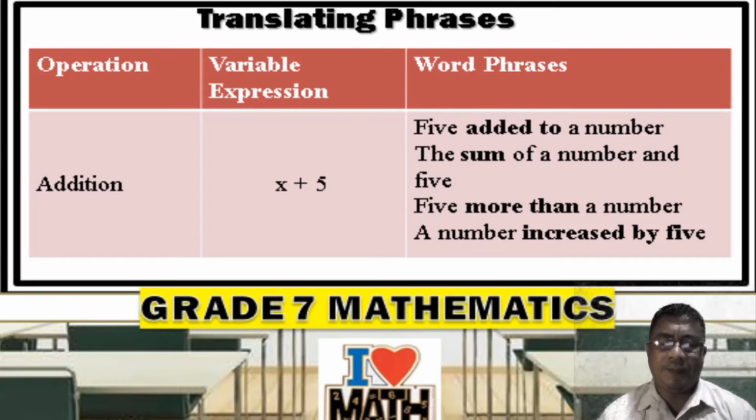We have here the expression x plus 5 to be translated to word phrases: 5 added to a number, the sum of a number and 5, 5 more than a number, a number increased by 5. This is the same as x plus 5 if we're going to convert it into an expression.